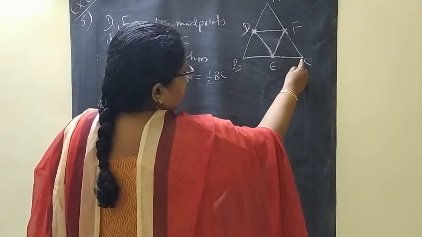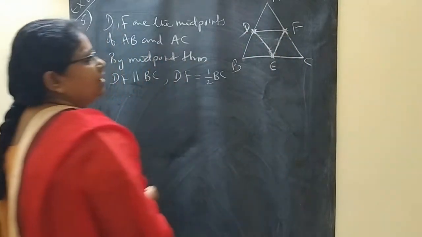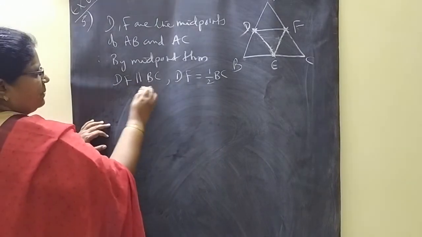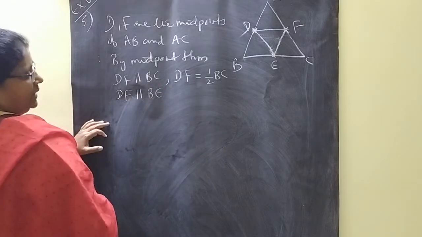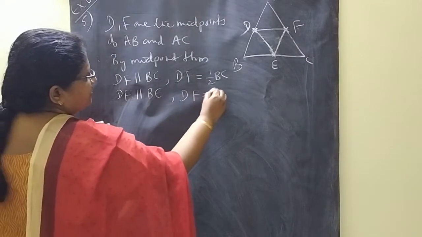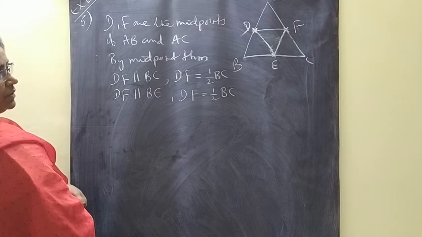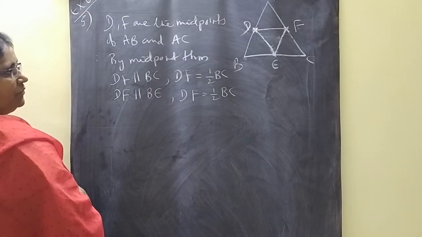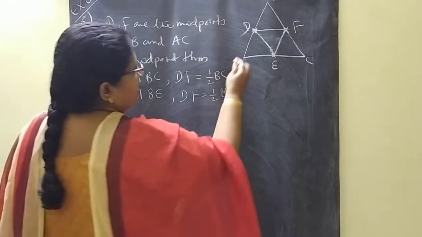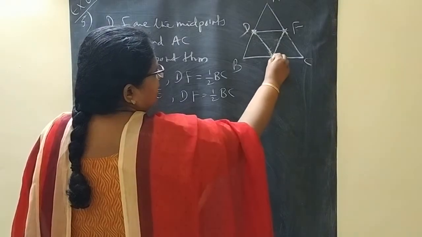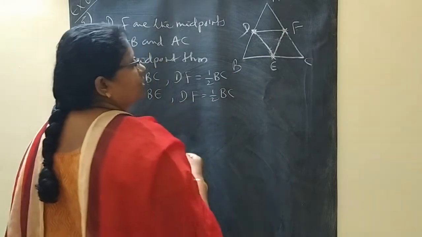When BC is parallel to DF, BE is also parallel to DF. So DF parallel to BC means we can write DF parallel to BE, and DF is equal to half BC. Then we can take the other pair: D is the midpoint, E is the midpoint, so these two are also parallel.